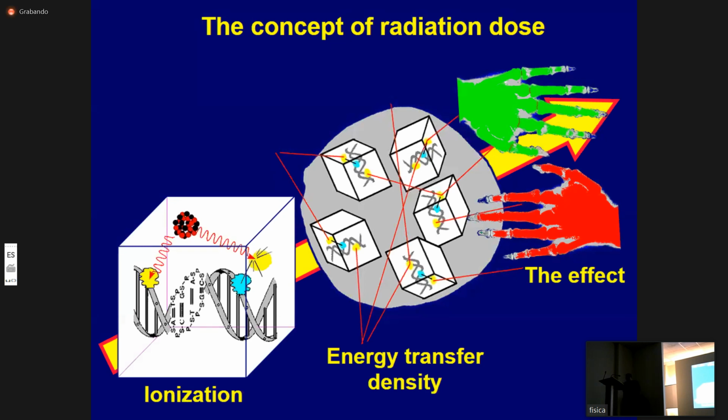And the second topic is related to the quality of radiation, which depends on the microscopic spatial distribution of energy transferred by radiation to matter. The effect of radiation may also depend on other factors, such as the rate of energy absorption, the degree of oxygen supply to the irradiated tissue, and other factors affecting the radiosensitivity of the irradiated tissue.